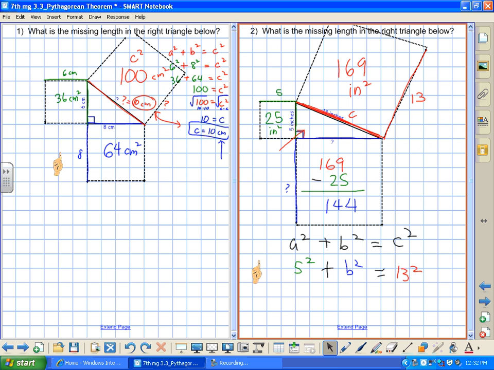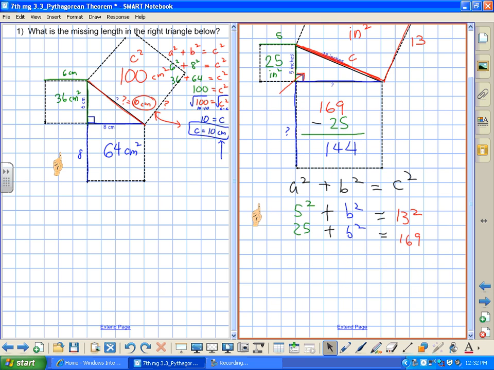We start solving it. That's a 25. That's a b squared. That is a 169. And so basically 25 plus the unknown equals 169. And so if you remember the rules for your equations, the purpose is to solve for b squared, or for b, I should say, specifically.